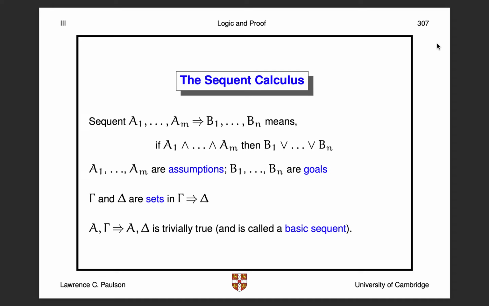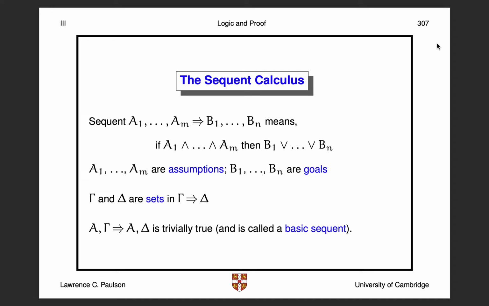The meaning of this sequent is simply that if all the things on the left are true, then at least one of the things on the right side is true. So we can see the formulas on the left as assumptions. We can see the formulas on the right side as goals where only one of the goals needs to be solved.